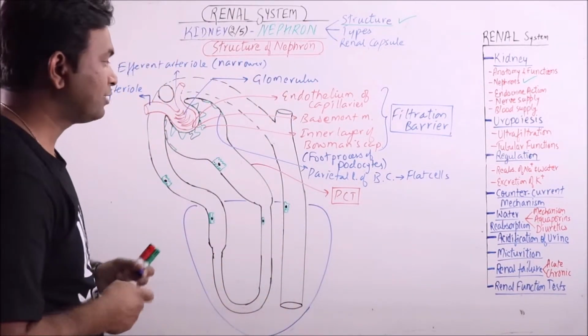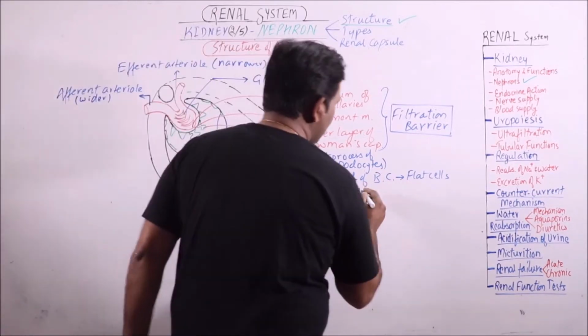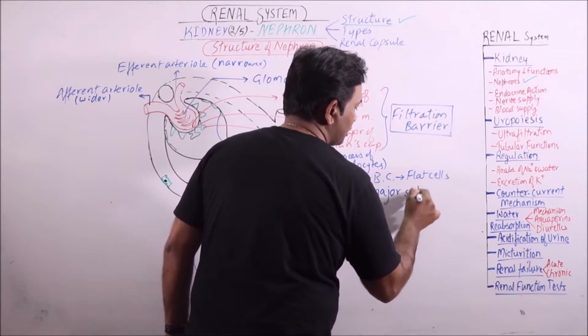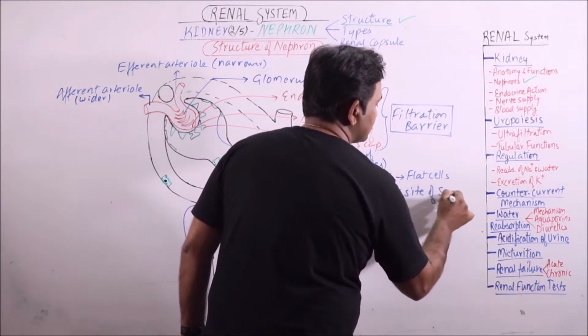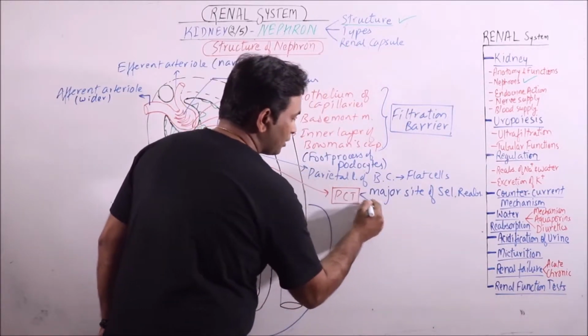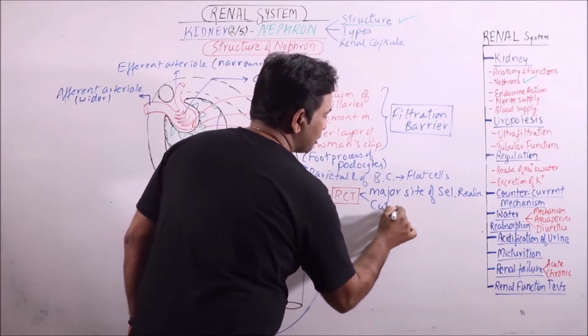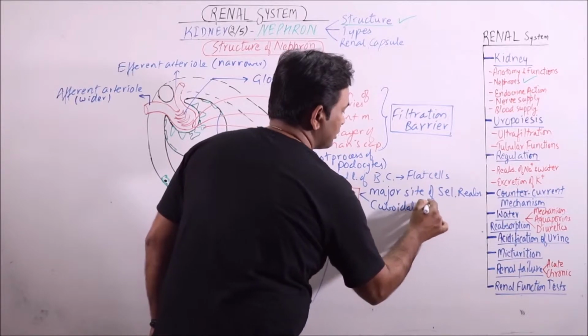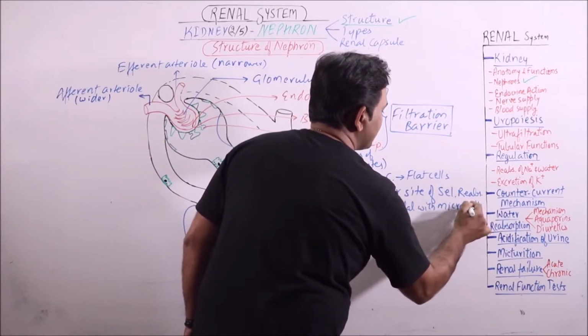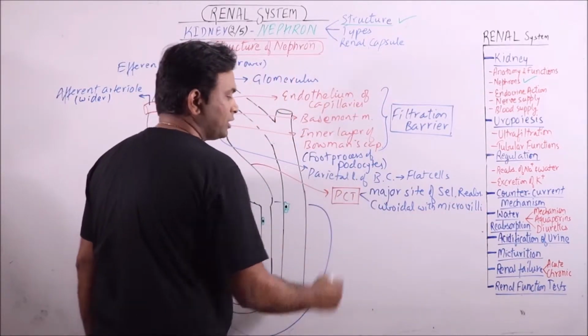It is the major site for selective reabsorption. The cells are cuboidal with microvilli or brush border epithelia.